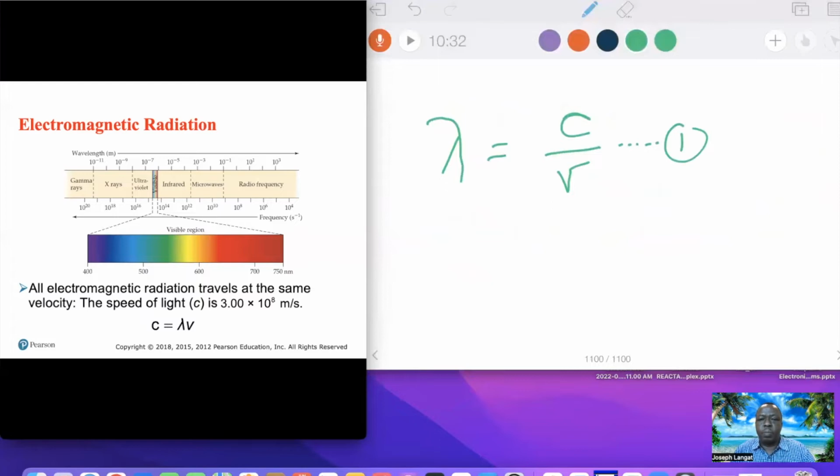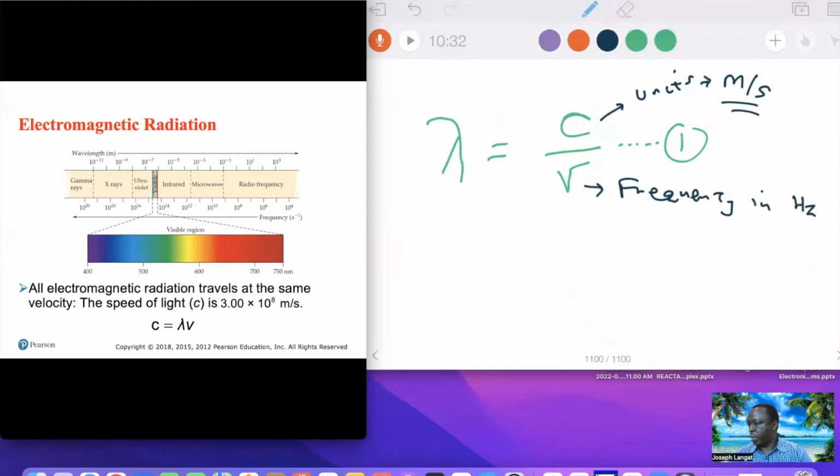You see that? And remember, the units here are in meters, meters per second. This is frequency, which should be in hertz or per second.